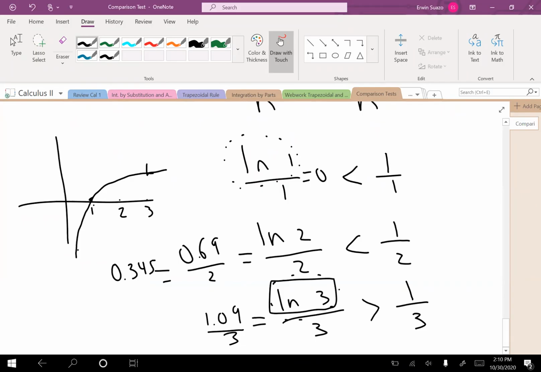And you see, the logarithm is increasing. So from now on, ln of n over n is bigger than 1 over n.